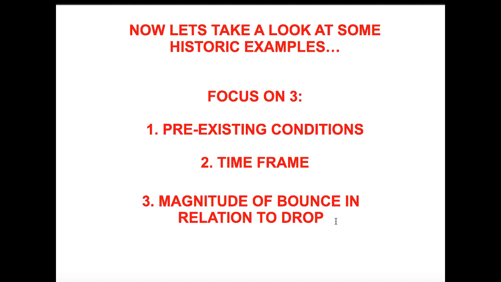How long does it take a certain move to complete its way higher to the ultimate point of the bounce? And number 3, the most important criteria that goes into calculating the actual ratio is the relationship between the magnitude of the bounce in relation to the prior drop that is preceding that bounce.